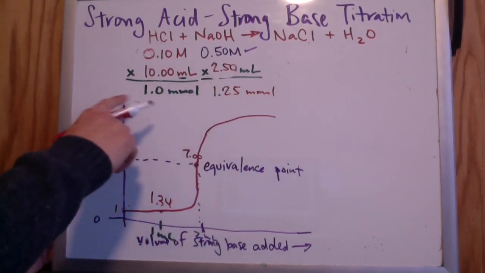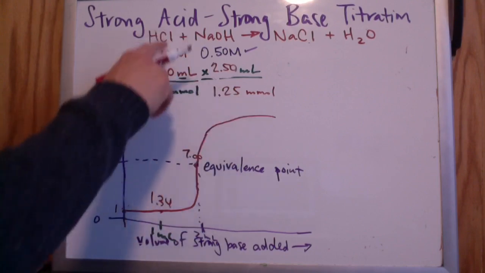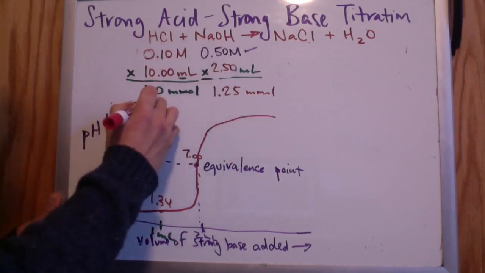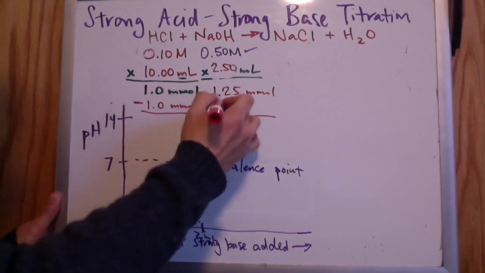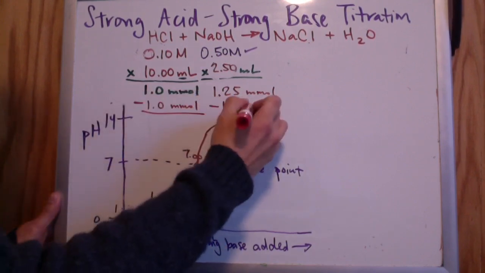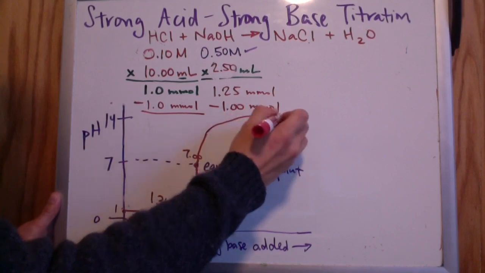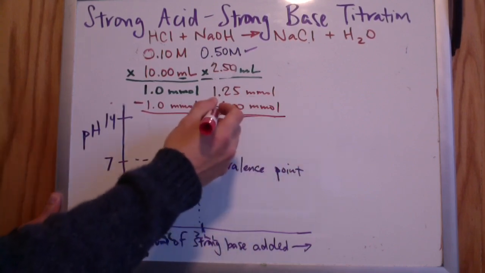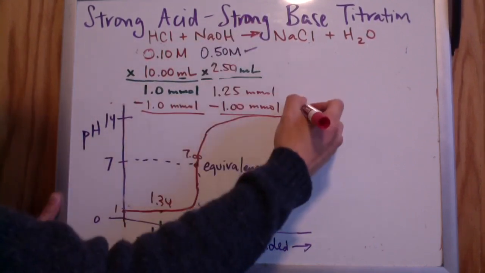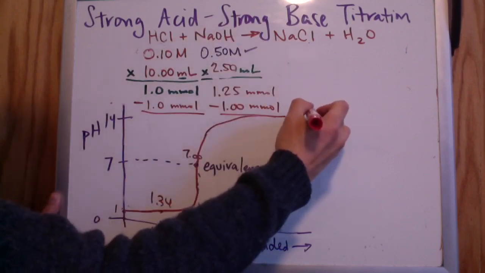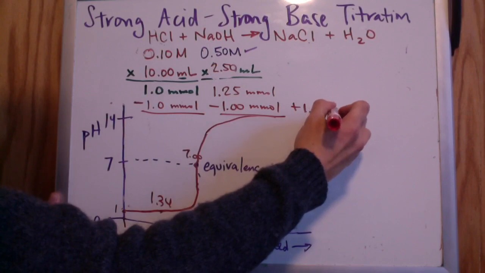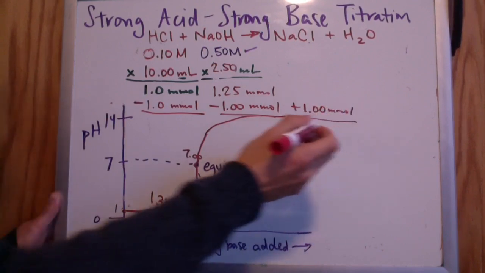Okay, now which one is the limiting reactant now? The hydrochloric acid, since it's a 1-to-1 mole ratio, would be the limiting reactant. So we'd use up 1.00 millimoles of hydrochloric acid, and since it's a 1-to-1 mole ratio, we would use 1.00 millimoles of sodium hydroxide. And then we would also make 1.00 millimoles of the sodium chloride.